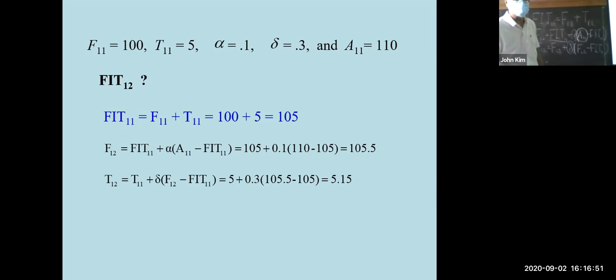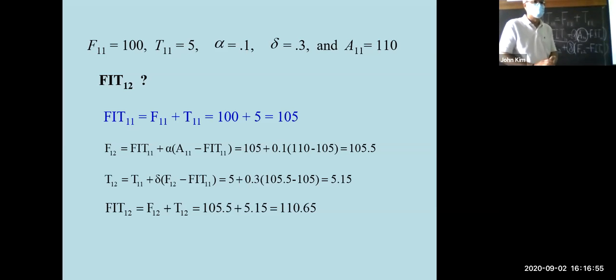So FIT 12 equals F12, 105.5, plus T12, 5.15, which equals 110.65.